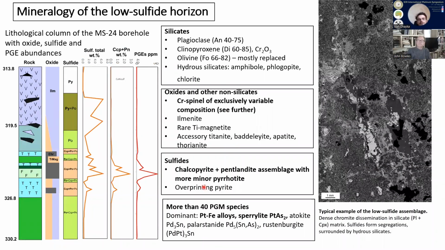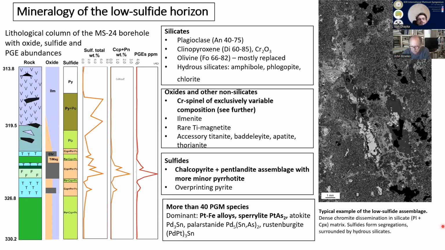Considering in more detail its mineralogical composition, it should first be noticed that ore PGE contents are found in rocks with distinct oxide and sulfide mineralogy. As was mentioned, the dominant oxide phase is chromite. Sulfides in the ore assemblages are poor in pyrrhotite and rich in pentlandite and chalcopyrite.